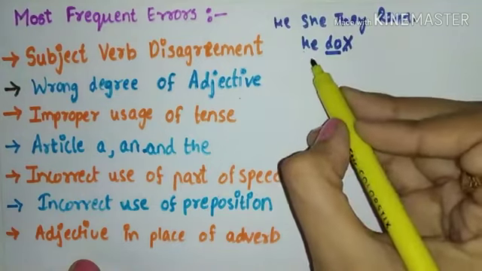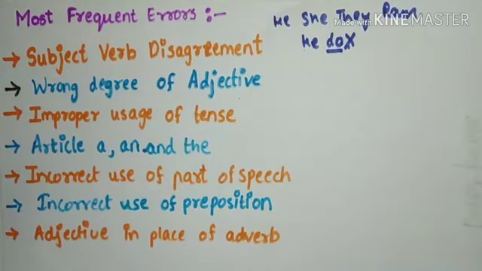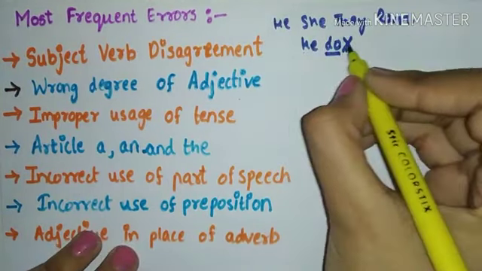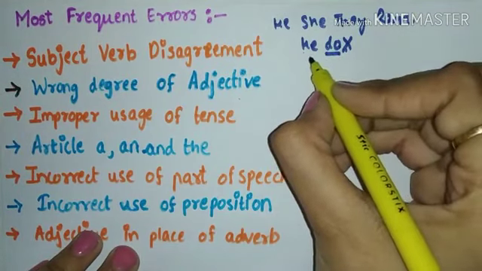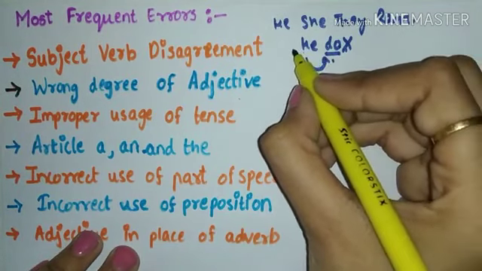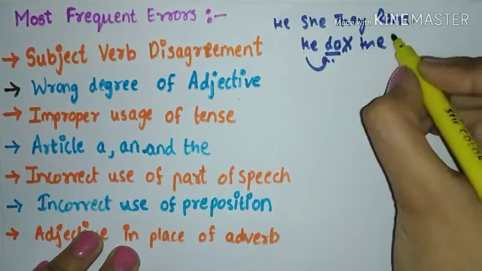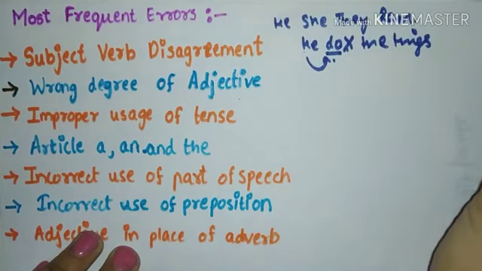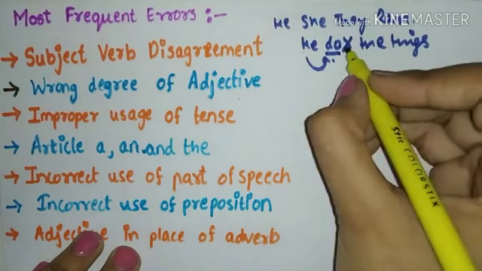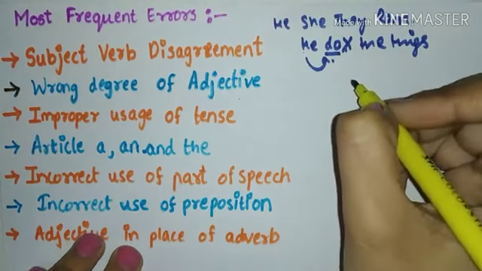So in case the question is like "he does", in that case it is correct. But I'm just giving you an example, like "he do the things in a wrong manner". Suppose this is the question, in that case this part is incorrect.